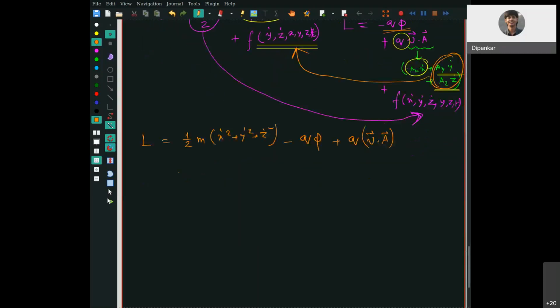So I write it in a more convenient form: half m v square minus q phi plus q v dot A.